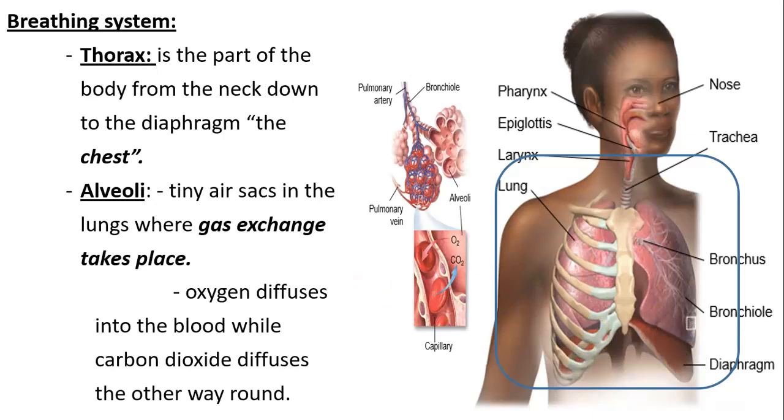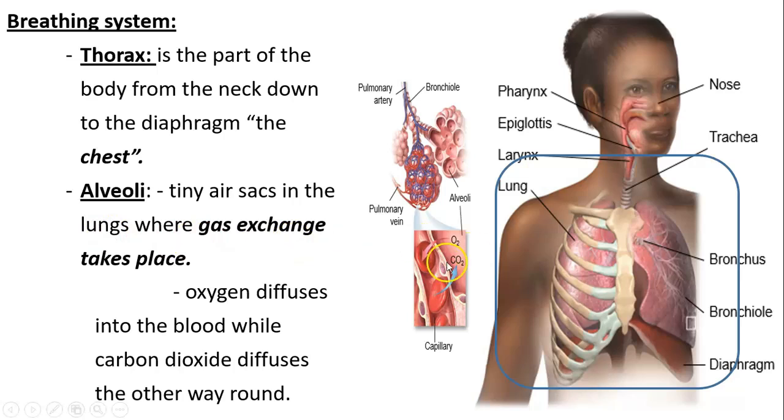Alveoli. So these are the tiny air sacs, and actually these are the gas exchange surfaces. Remember the gas exchange surface whose characteristics we took at the beginning of the lesson? So the alveoli here, or the air sacs, are the gas exchange place. Okay, so what happens here?